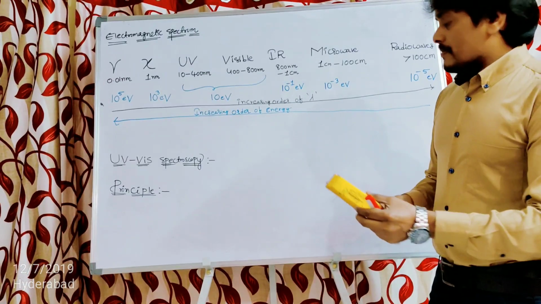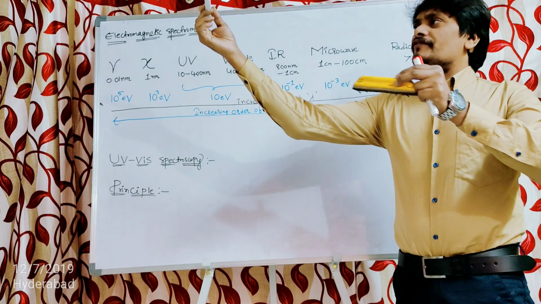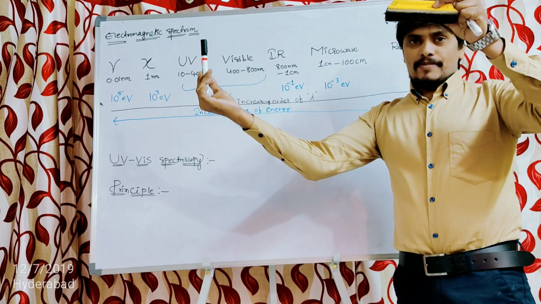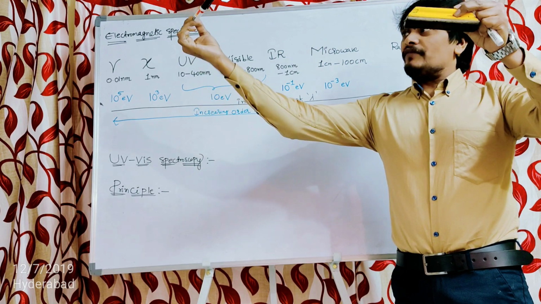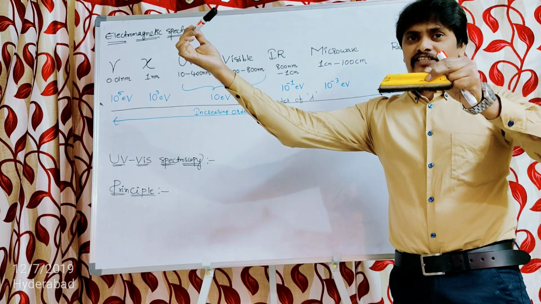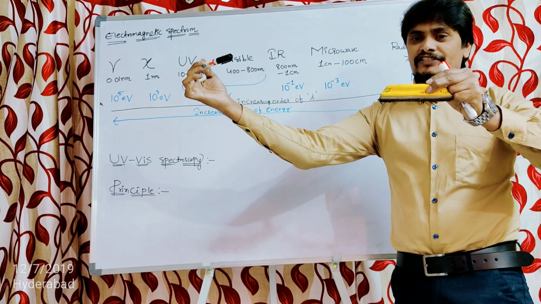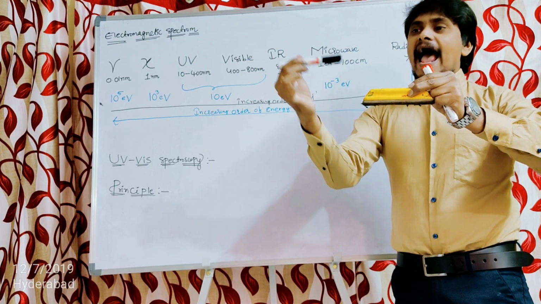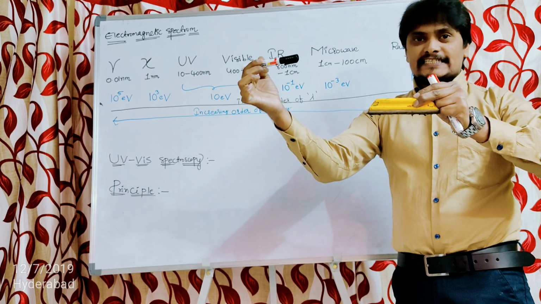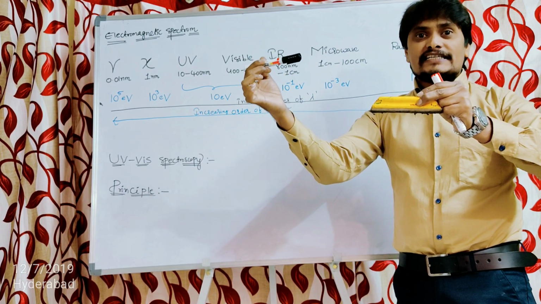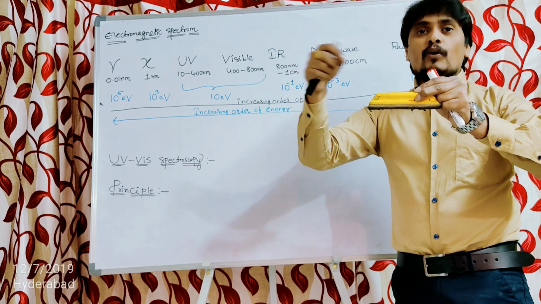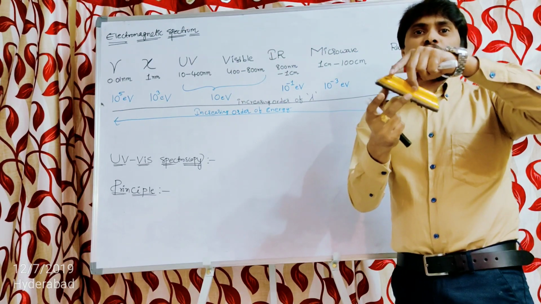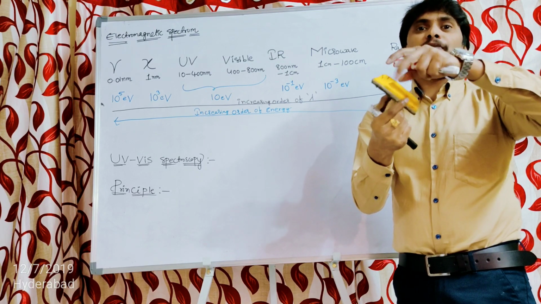Now, let us say that this is the microwave radiation and this is the sample. Whenever the microwave radiation is passed through the sample, as these are least energetic, only the rotation of the molecules in the sample takes place.